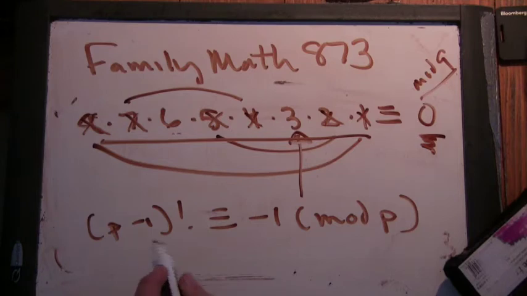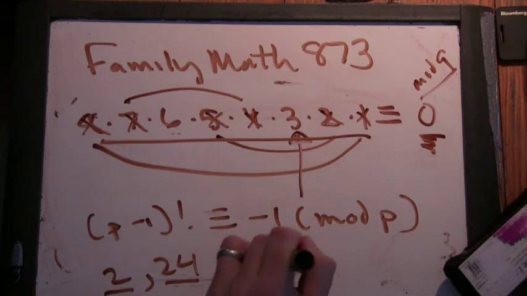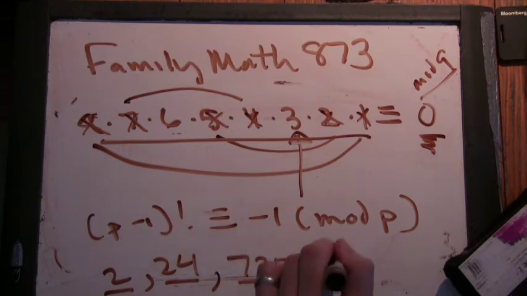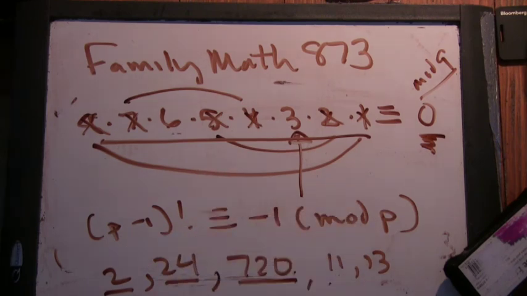Wow. So, you know, we looked at 3 where we get 2, and for 5 we get 4 factorial is 24. For 7 we get 720. And then we saw it for 11 and 13. We tried it ourselves, and you just keep trying. You can always find those pairs, which is a pretty amazing property of numbers.